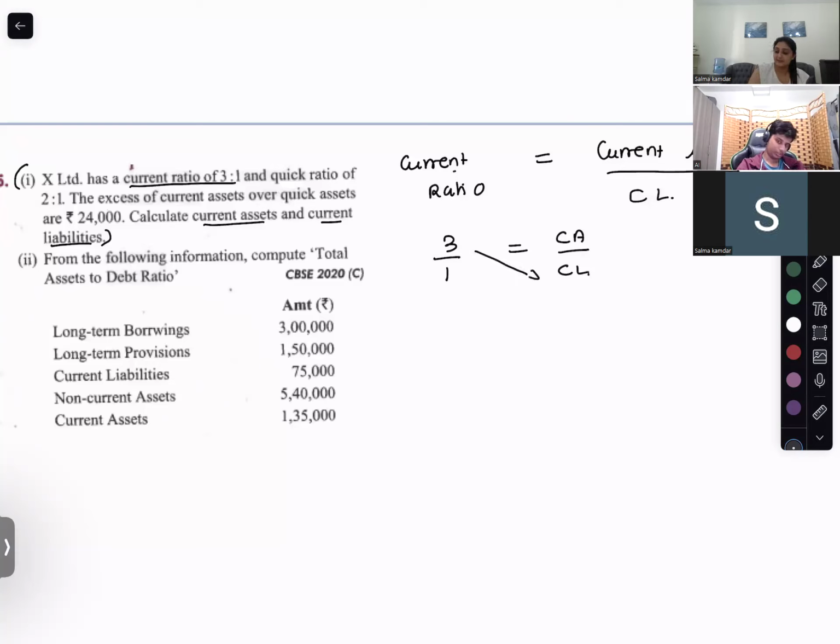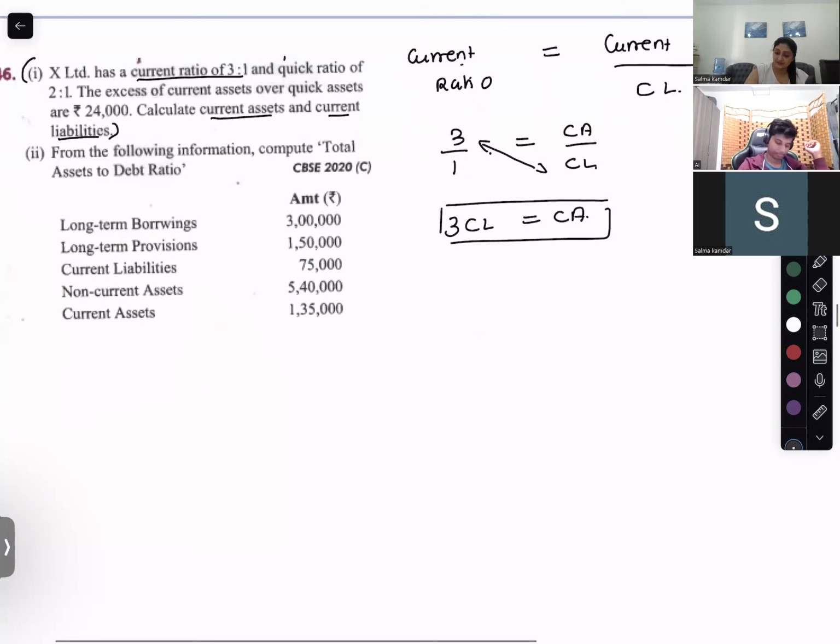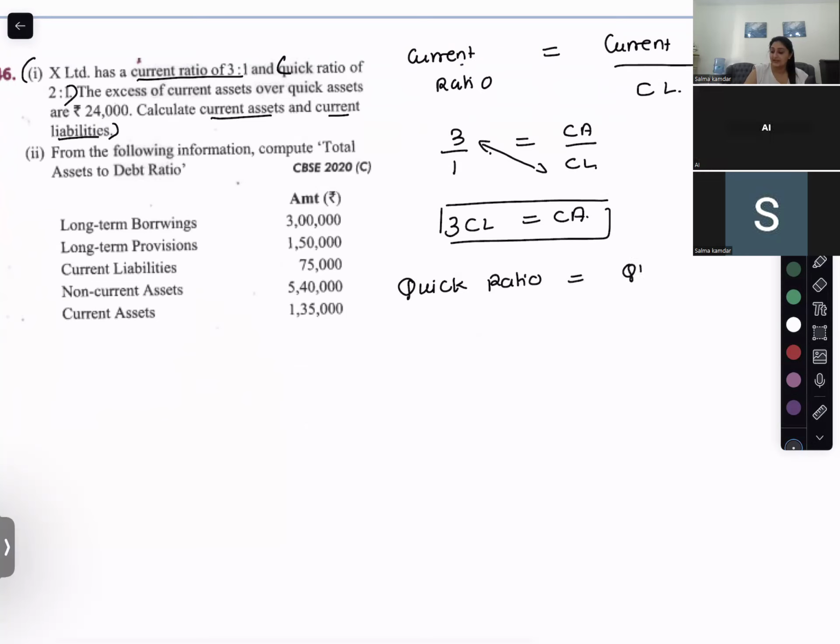Cross multiply. We will have 3 current liabilities is equal to current assets. Then they said quick ratio. Quick ratio is how much? 2:1. Quick ratio is quick assets divided by current liabilities.